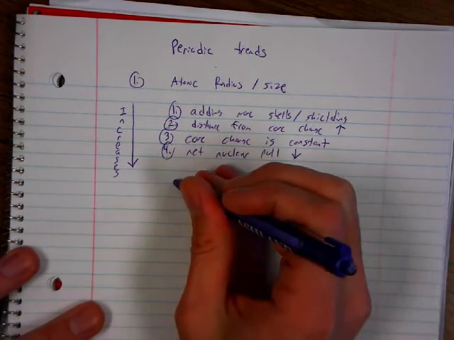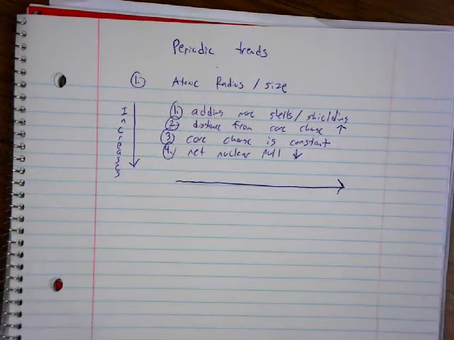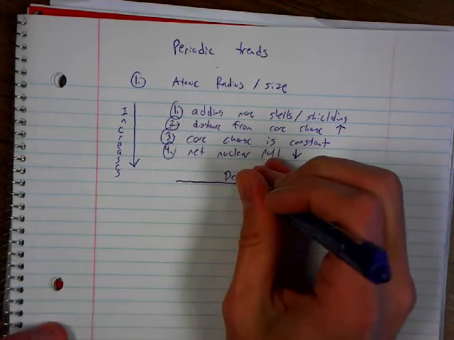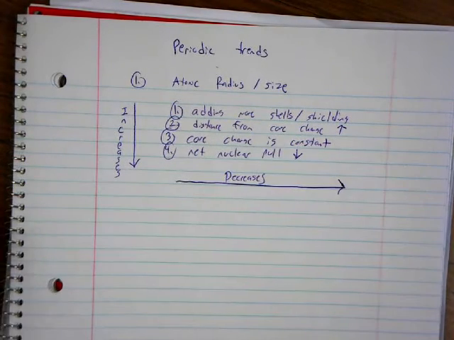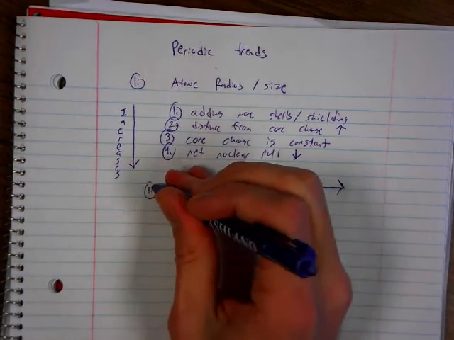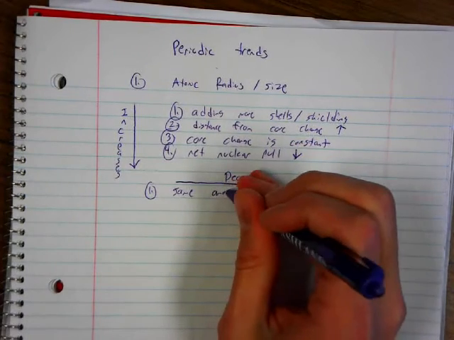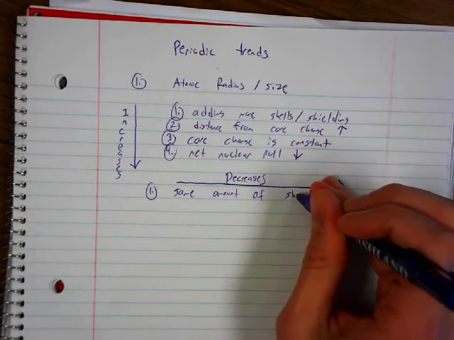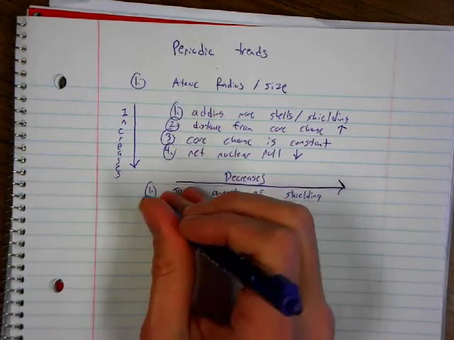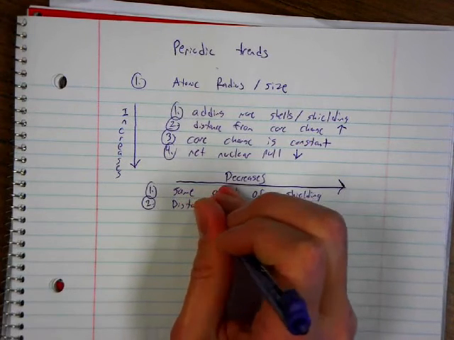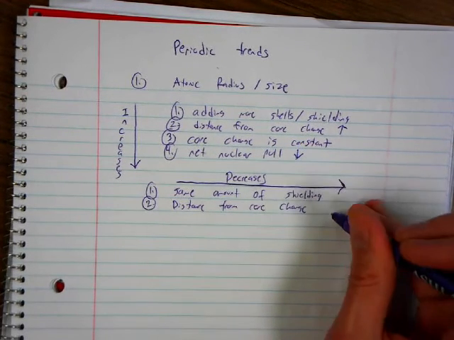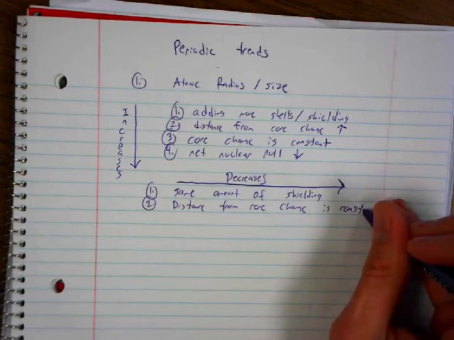As I move across a period, what happens to atomic radius? We kind of already know this. It's going to get smaller. My goal was for you guys to discover this a little bit on your own before we talked about it. Why? Number 1, there's the same amount of shielding, so my distance from the core charge is constant.